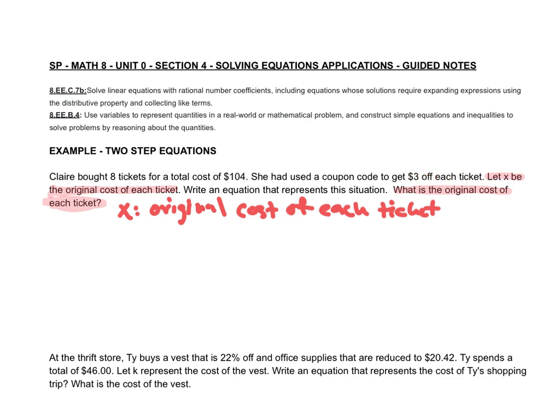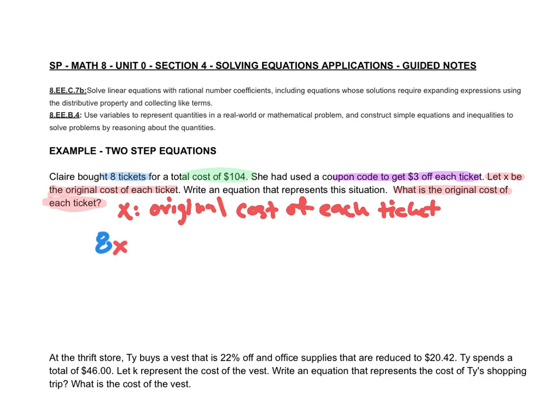So the first thing that I want to do is look at this information here: 8 tickets, total cost of $104, and she got a coupon code to get $3 off each ticket. So I'll look at it like this. I have 8 times the original cost of each ticket, so 8x.